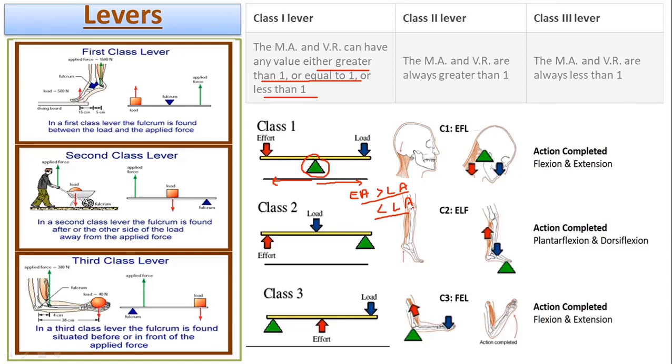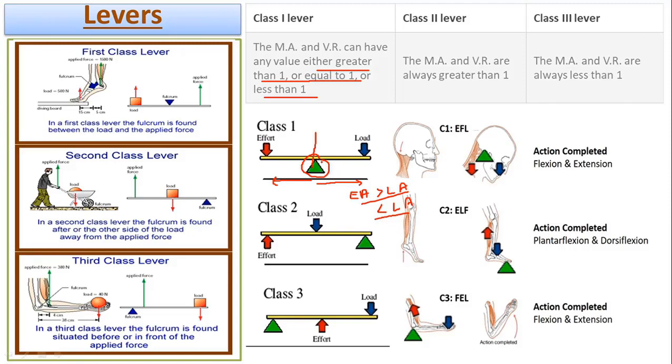And if we keep the fulcrum exactly at the middle of effort and load, then we will observe that the lever is just used to change the direction of the force applied.